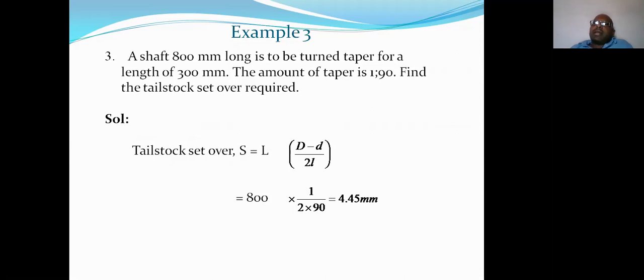In some machines, the length of the slide ways over the cross slide is more, so in that machine the length of the taper that can be produced is high. In some machines, the length of the slide ways over the cross slide is less. In that condition, the length of the taper to be produced is restricted to that value only. So that is the second method.